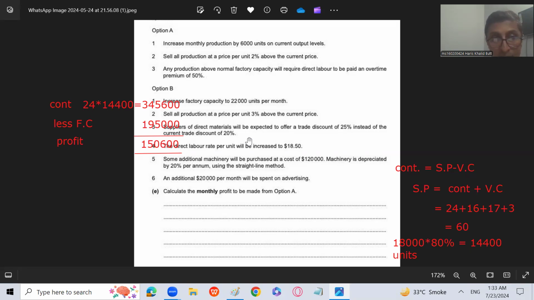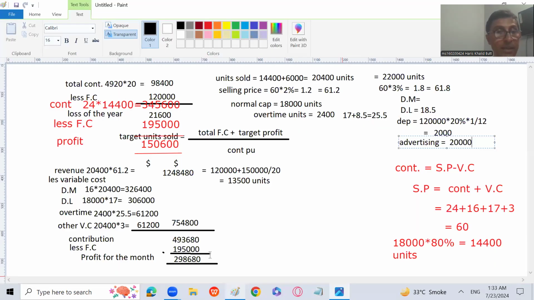Number 1 is this, that the trade discount of 20% is basically given on a price of 16 because the price of direct material is 16. It is written over here also 16. But the price of 16 is basically after a discount of 20%.